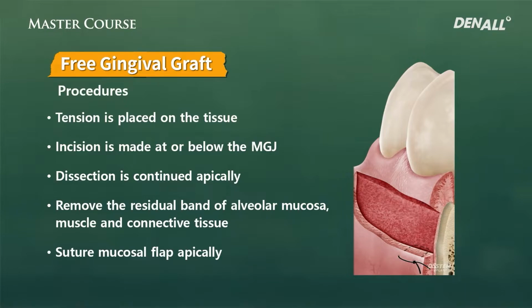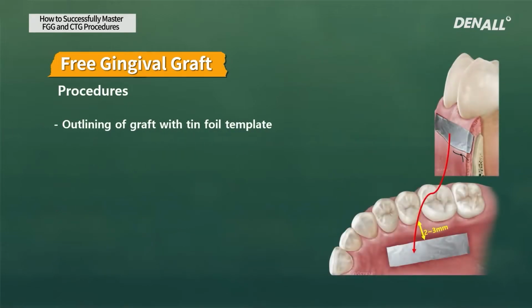After that, you need to make a donor site on the palate side. The size should be made considering the size of the recipient site. You need to measure the size of the recipient site using tin foil, outlining the graft, and then you approach the palate side to get the free gingival graft.